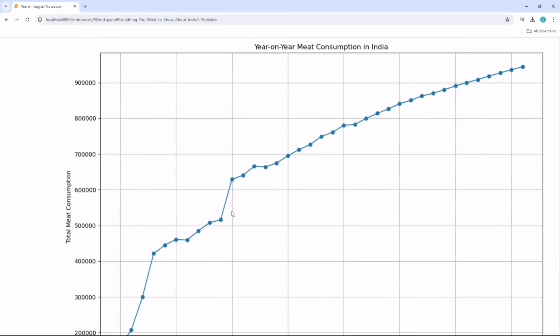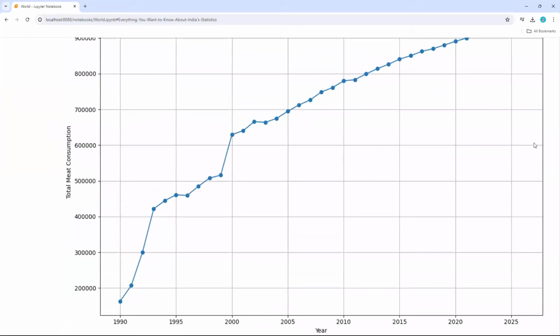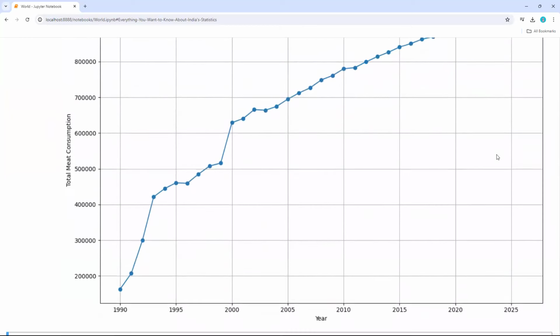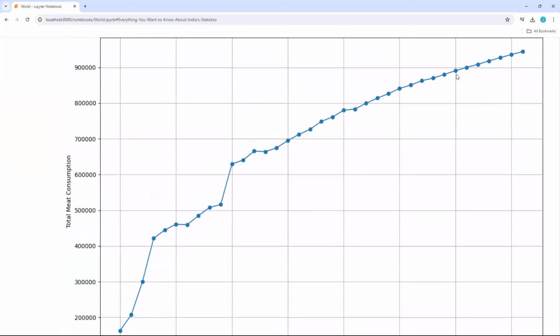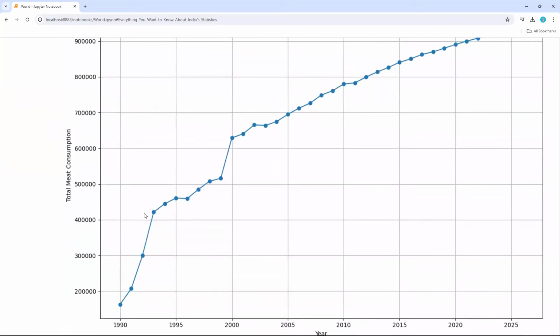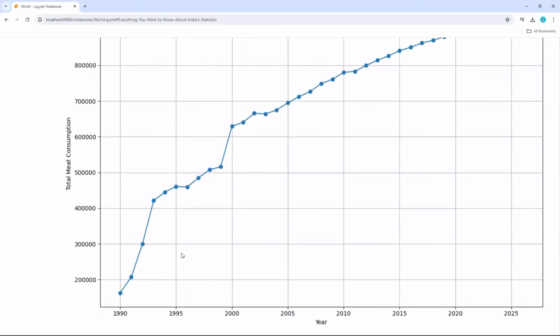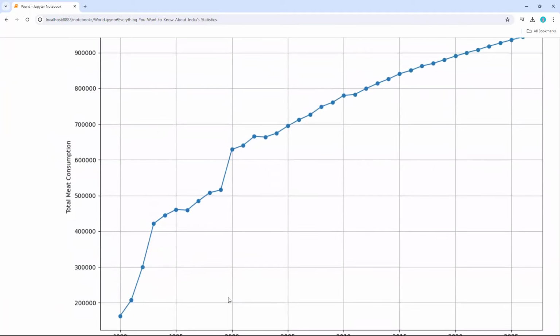We also have predicted values for 2025, and it keeps increasing. In tons, it is about 900k tons. So meat consumption in India is increasing day by day. Looking at every 5 years, from 1990 to 2005 it went from 200k to 900k, an increase of about 4.5 times.